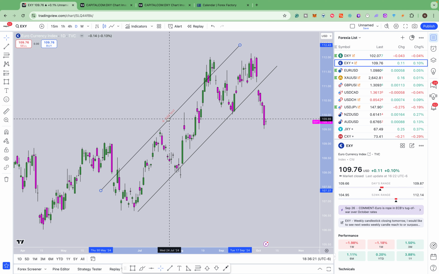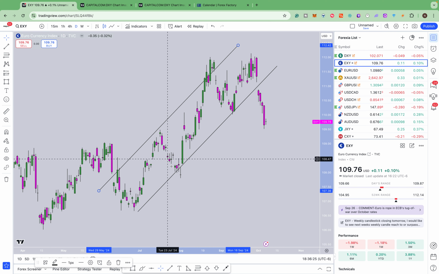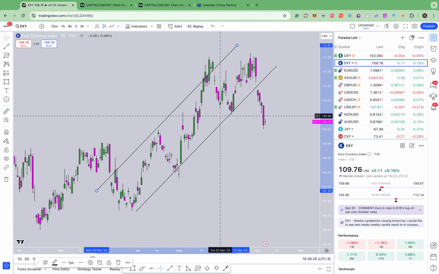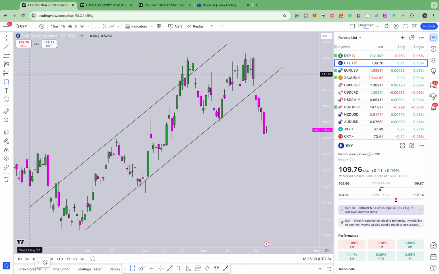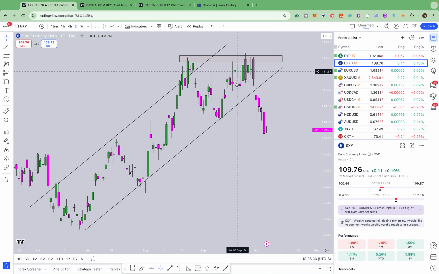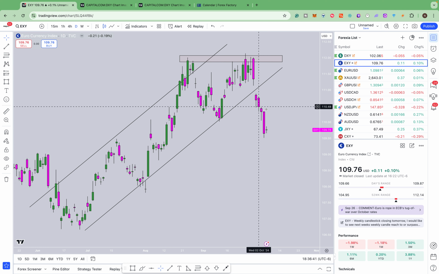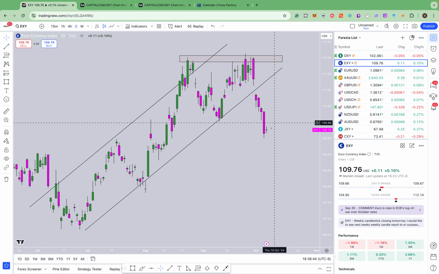So we can see a pretty obvious trend line here, a pretty obvious uptrend. And then we have a high right around here. And notice how they just break past this high, getting everybody to buy in with the trend, and then they reverse the trend and hit the stop losses.